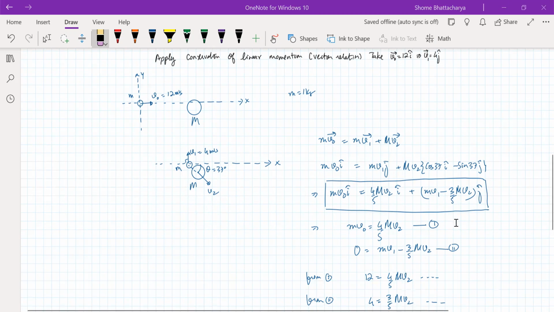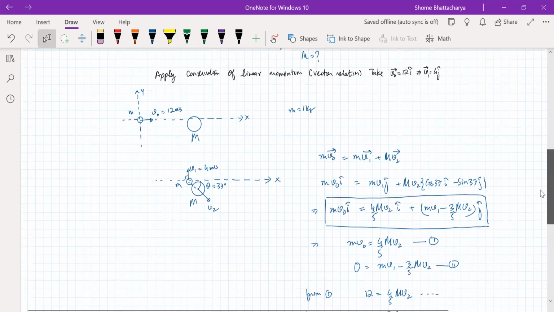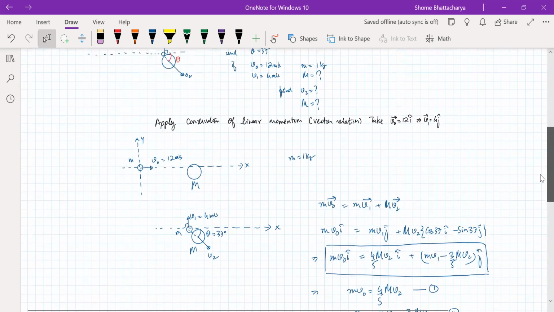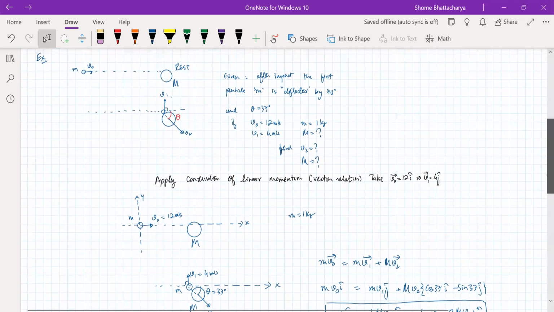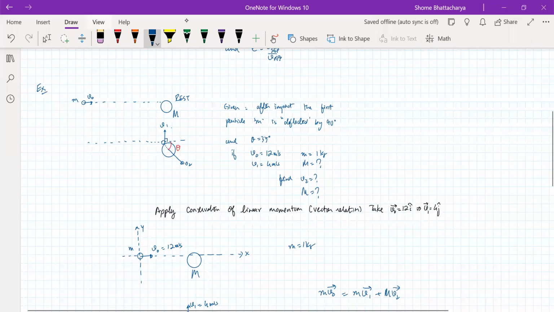The data is inconsistent. So we will change the data given versus the data asked.